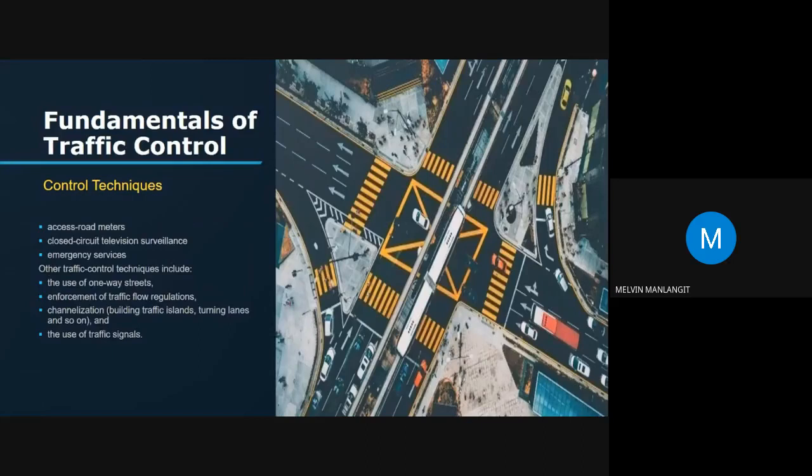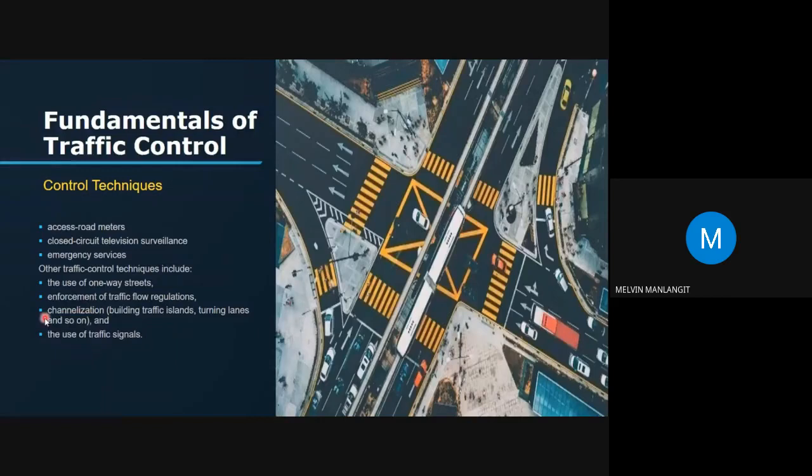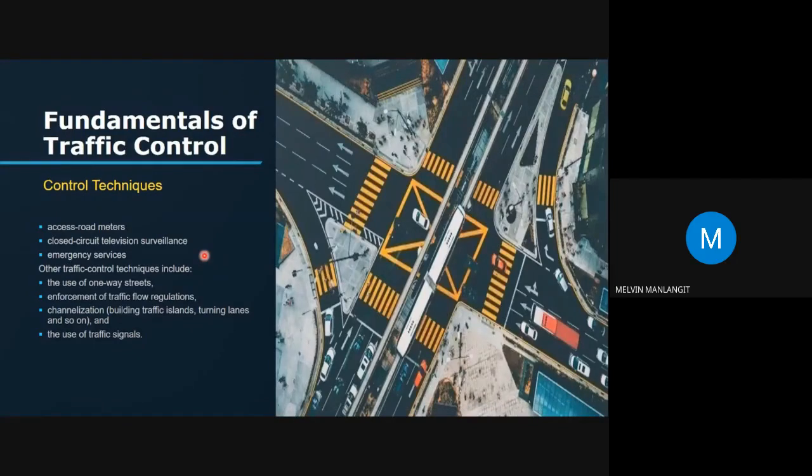In the fundamentals of traffic control, these are the control techniques that include these systems. First is access road meters. When we say access road meters, it is used to monitor and control the motorway, with closed circuit television surveillance to detect quickly any deterioration in traffic flow, and to alert the emergency services in case of accident and injury.